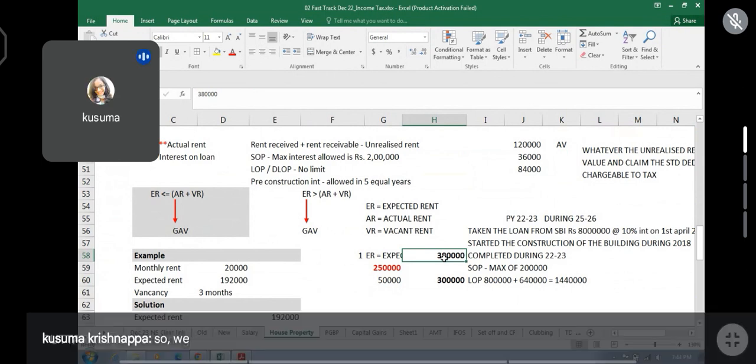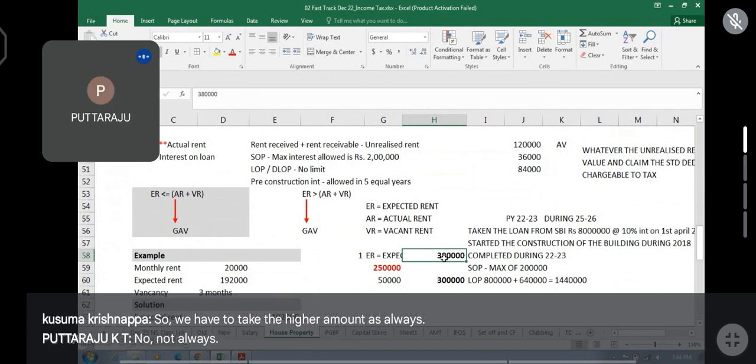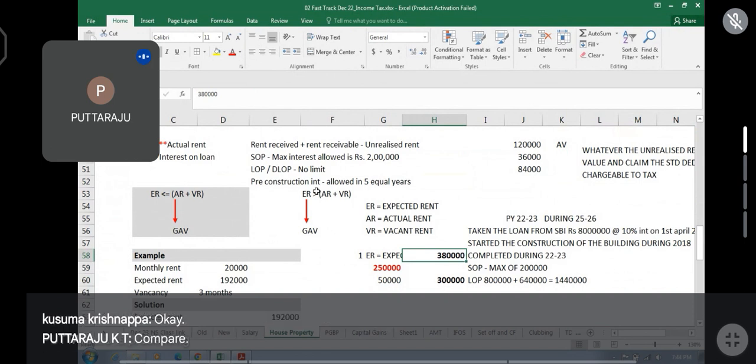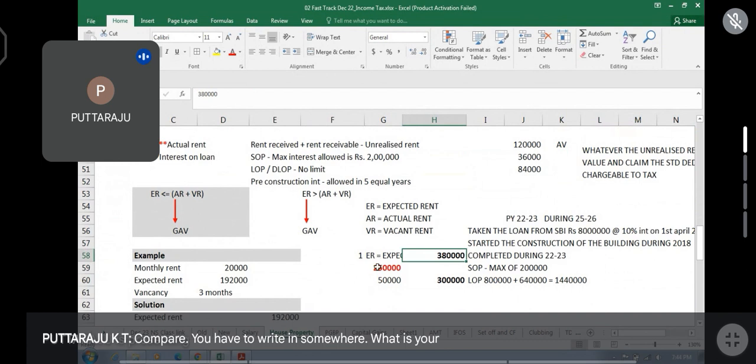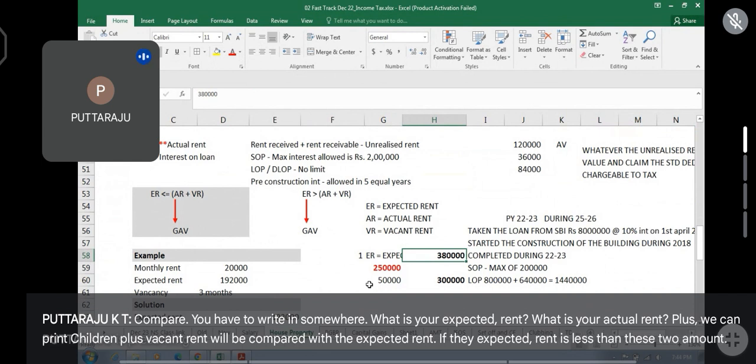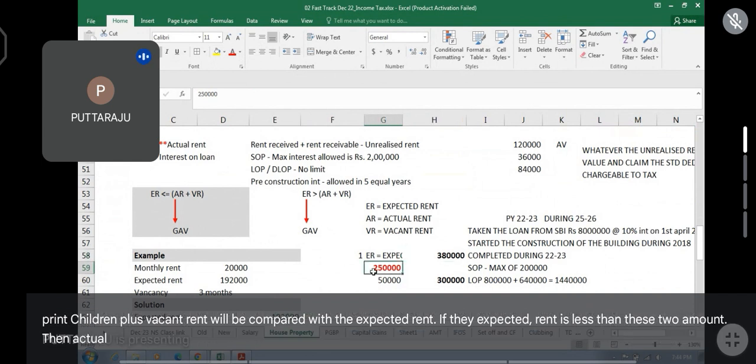So we have to take the higher amount as always? No, not always. You have to compare like this. Write down your expected rent and your actual rent plus vacant rent. If the expected rent is lesser than these two amounts, then actual rent received is your gross annual value.